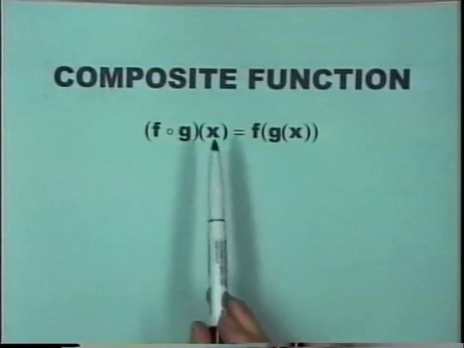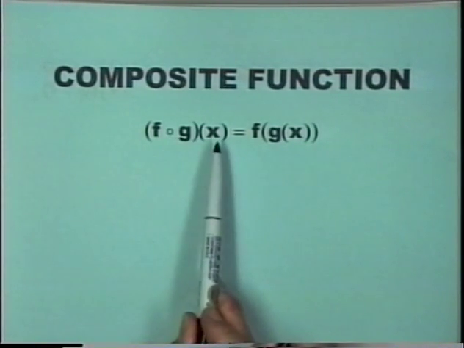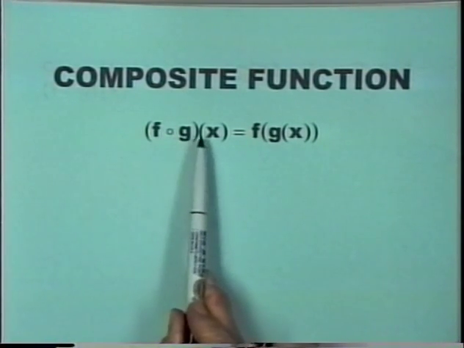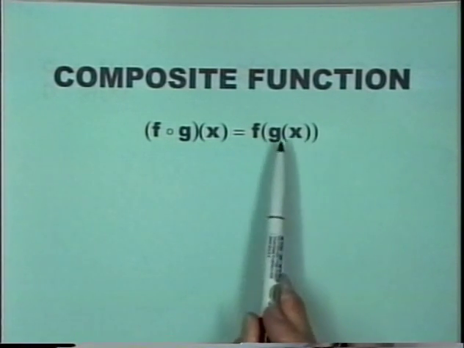I wanted to review this notation because we're going to look at what we call composite functions. You might recall from algebra what a composite function means. A composite function, you recall, is indicated f circle g of x. This notation means composition. If you have f circle g of x, that means you are finding f of the quantity g of x.